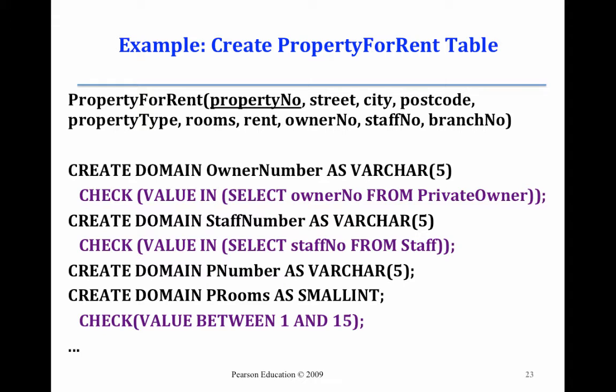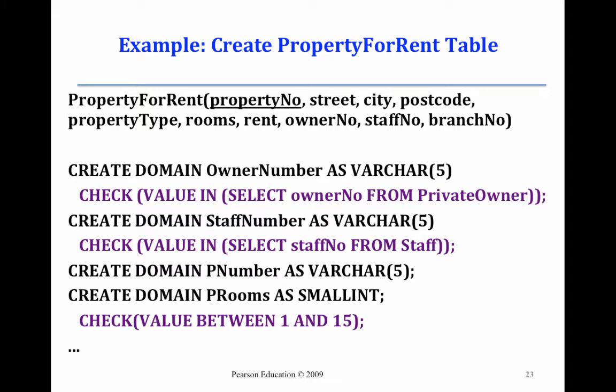So we would probably want to start by ensuring that our foreign keys refer to valid tuples in the relations that they're linking to. So we create new domains for owner number, staff number, and actually there should be one for property number, branch number here as well.